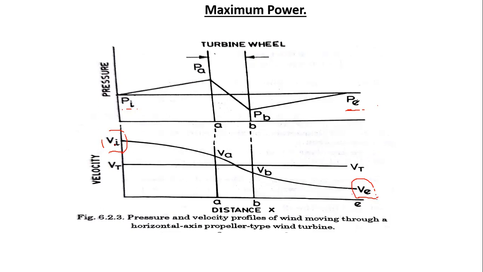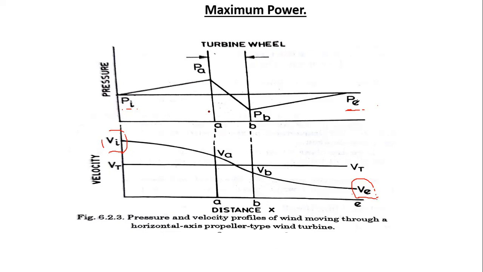If you consider the incoming air between I and A as a thermodynamic system, and in the second consideration, the air density will remain constant.